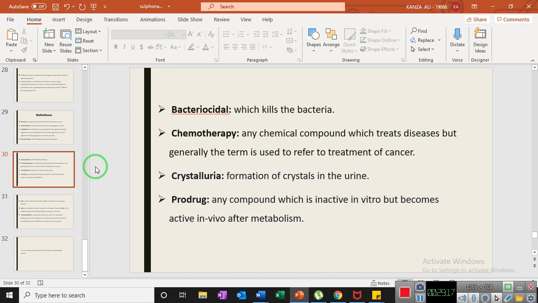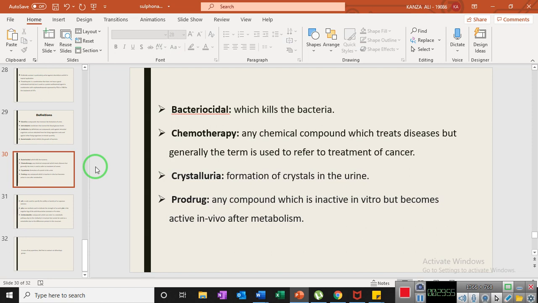Now I have told you that crystalluria, or formation of crystals in the urine, is the main toxicity of the molecule. The compounds sulfonamides are used for the infective conditions, say in the UTI, urinary tract infections, we are using sulfonamides for the treatment.